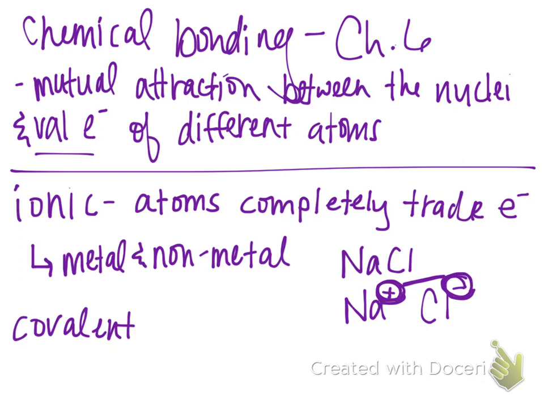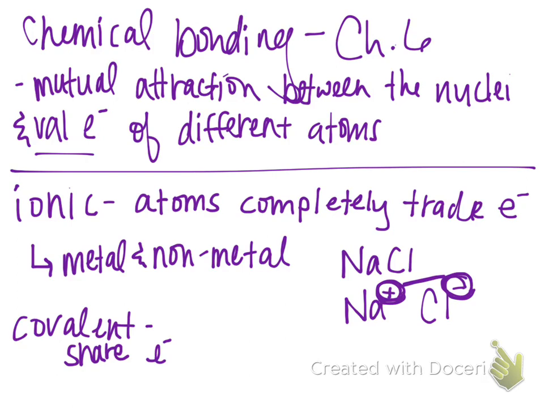Good question. Okay. Ionic molecules are not going to be the big focus for this chapter 6. We're going to deal more with covalent molecules, and the thing that happens differently in covalent molecules is that they share electrons. So in a covalent bond, we see them sharing electrons, not trading.